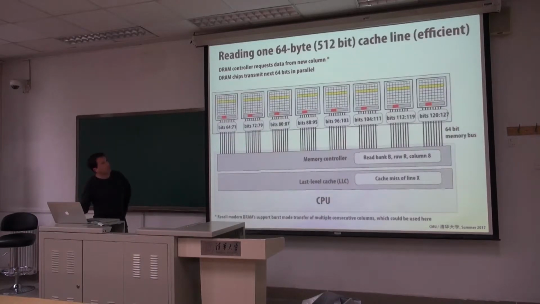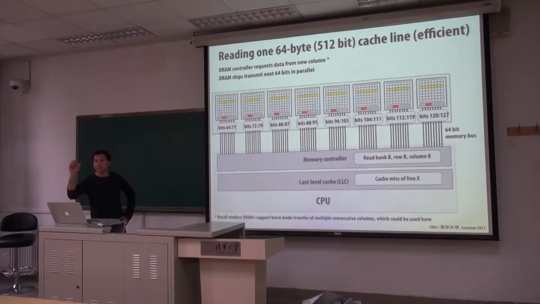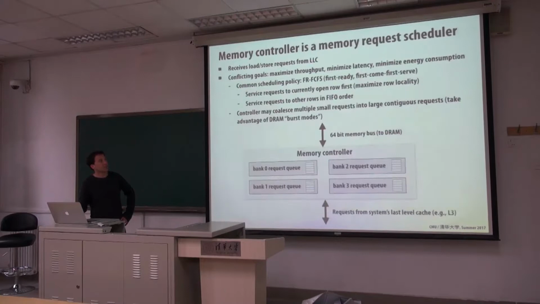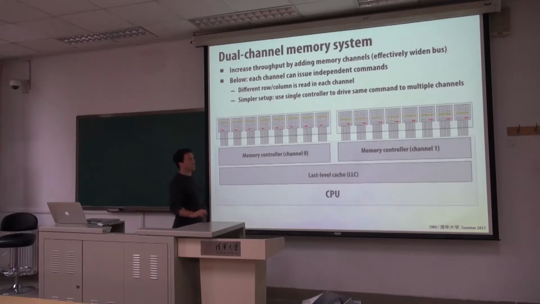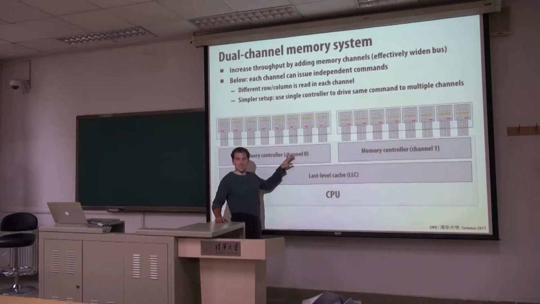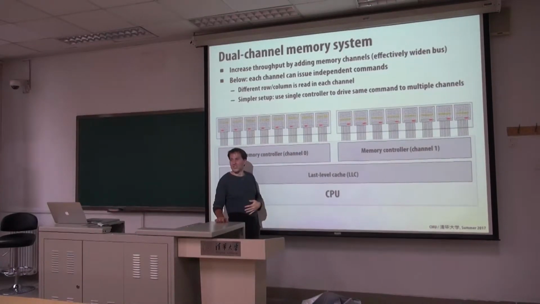So okay, so far we know what a DRAM is, we know what a DIMM is, we know what a memory module is. And if I want more memory, or more bandwidth than just 64 bits per clock, I can connect multiple DIMMs up to different memory channels.